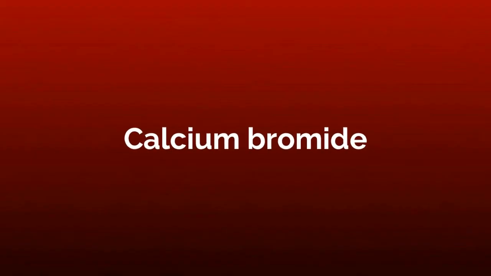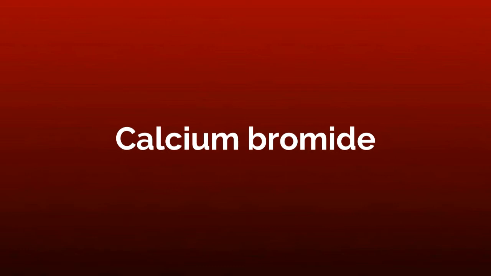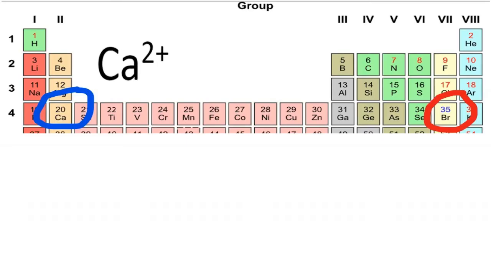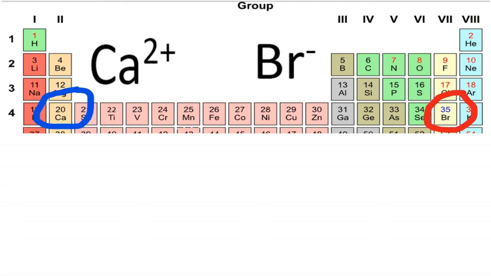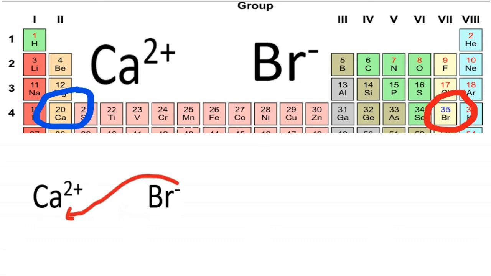Let's try calcium bromide. Calcium has a charge of 2 plus, and bromine has a charge of 1 minus. Now we do the crisscross. Let's take 1 minus over here, and 2 plus over here.